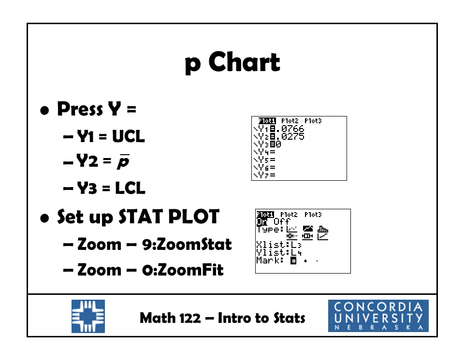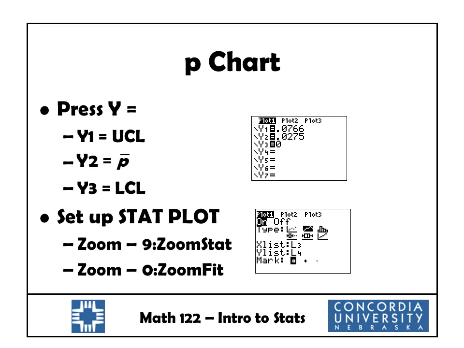You hit 2nd Y= for stat plot, select the first plot, turn it on, and select the second type of graph. For Xlist you enter the name of the list in which you entered the sample numbers, in my case L3. And for Ylist, you enter the name of the list that contains the sample proportions, which in my case was L4.